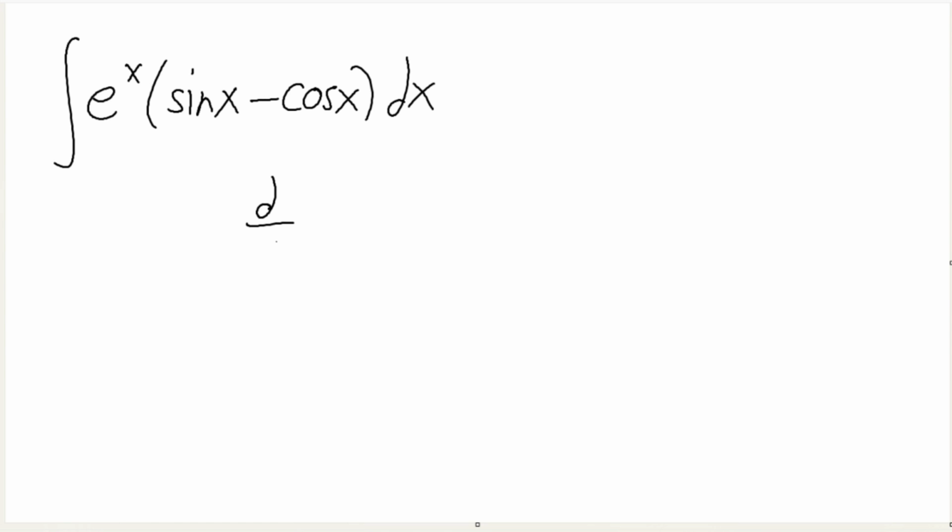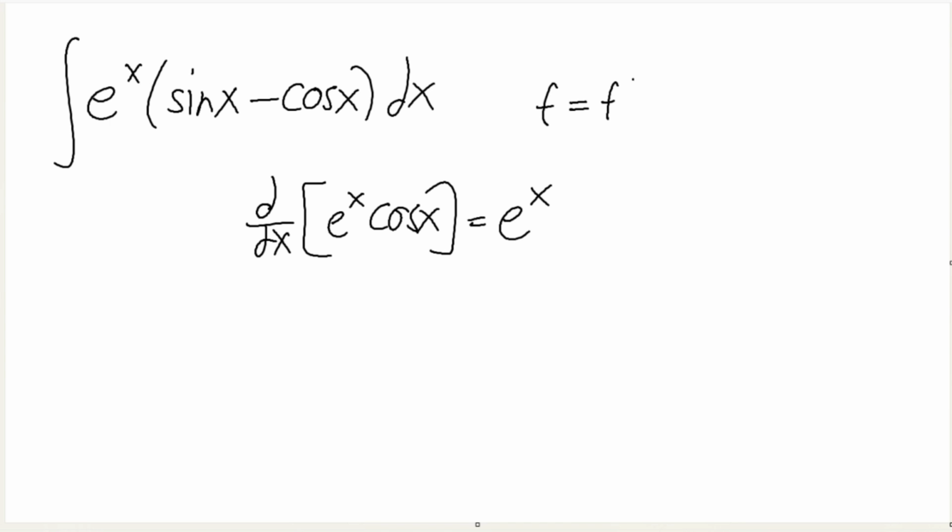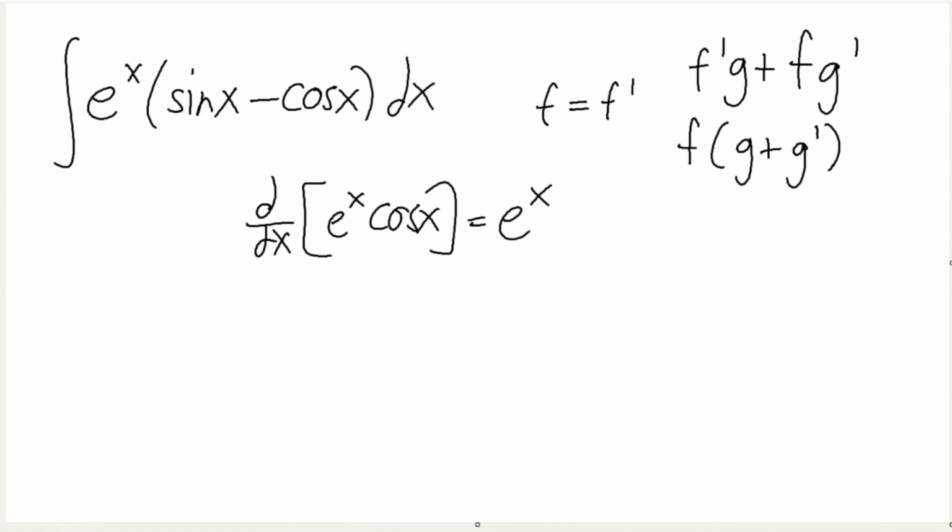If you experiment by deriving e to the x cosine of x, then of course e to the x will always be e to the x. So because f is equal to f prime for e to the x, this product rule is going to look like this when f of x is equal to e to the x.